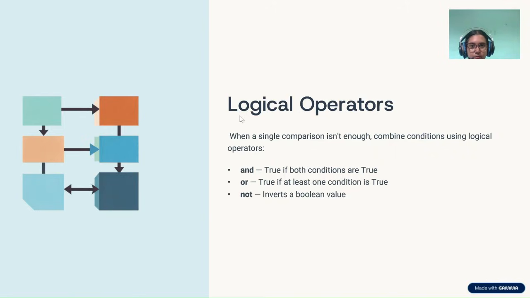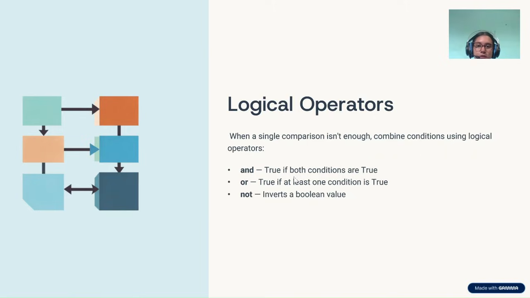In our previous example, if the student has their ID card and they have paid their examination fee, then only they can enter. If both conditions are true, then they can enter. If even one condition is false, they won't be able to enter the examination hall, right?